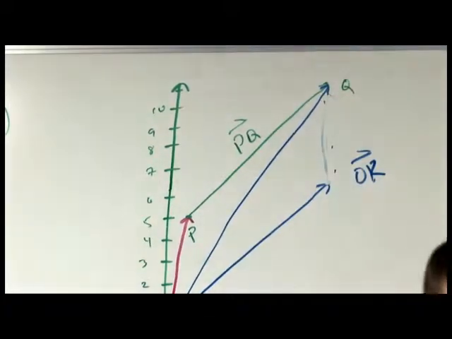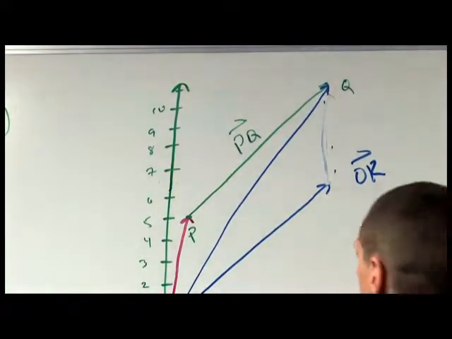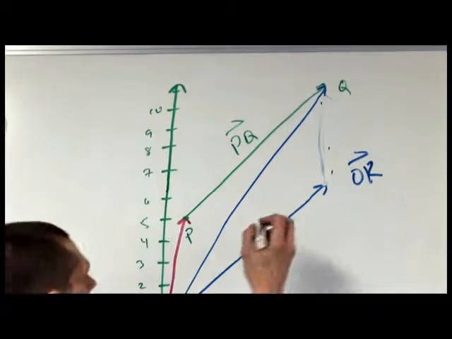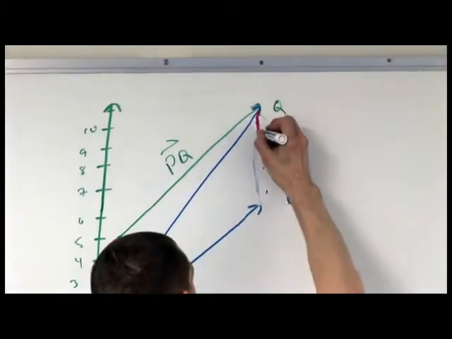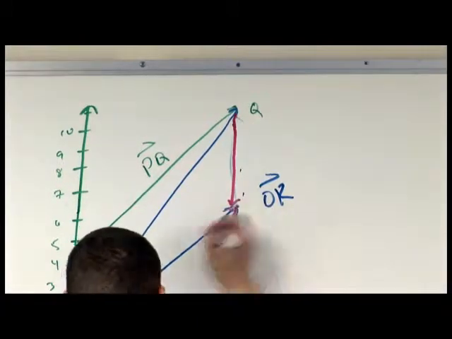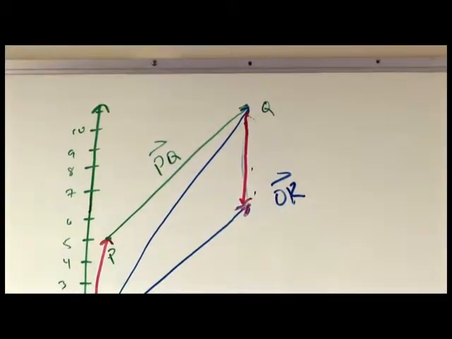Let me do it again. So what I've done is, I'm taking this vector and subtracting this vector. To do that, I would do this as I showed before, and this would be the point that you would draw it to. And you'll notice that's exactly what we're looking for.